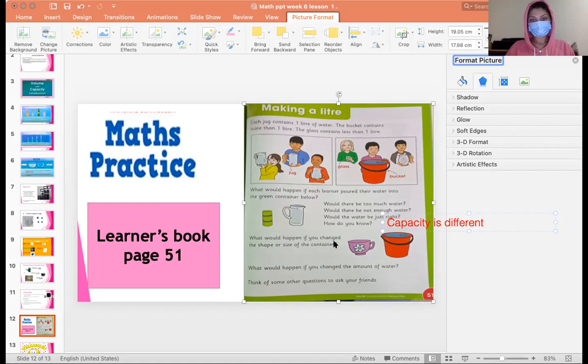What would happen if you change the shape or size of the container? It will take a different amount of liquid.